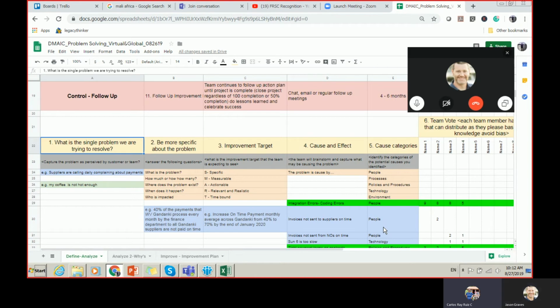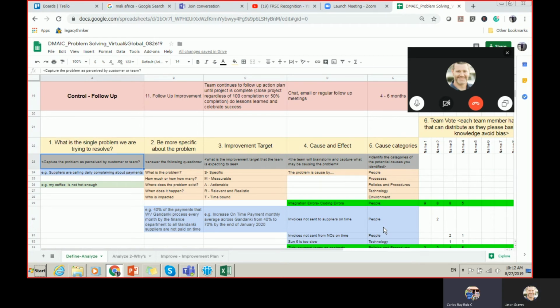And also, you want to make sure that at each point you engage the team with an email or a chat or however you want to make the engagement, so that everybody is following the process.